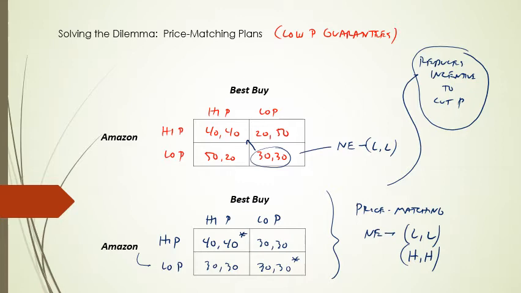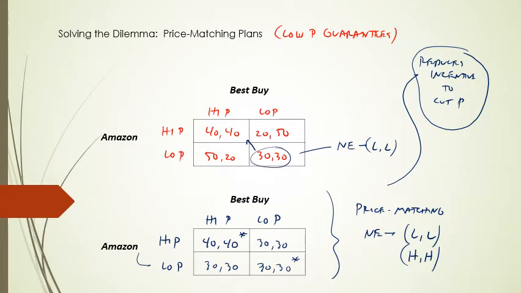Price matching plans are offered by many retail outlets, Home Depot, mattress places, furniture places. If you go into a store and you have an ad from another place showing that the price of something is lower at that other place, the company will match the price.